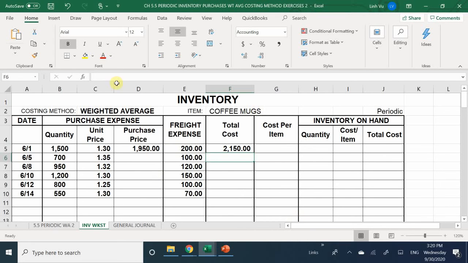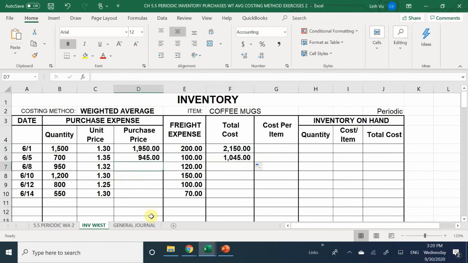No. Good. Then on June 5th, I made a purchase of 700 items at $1.35 each with a freight of 100. So what's my purchase price here? $945, and my total is $1,045.